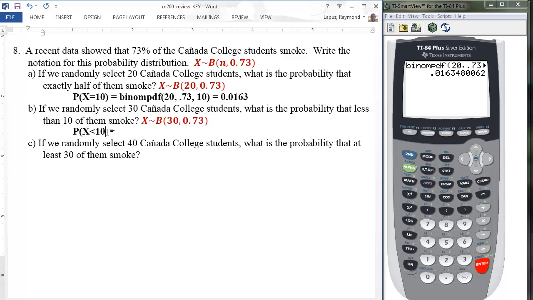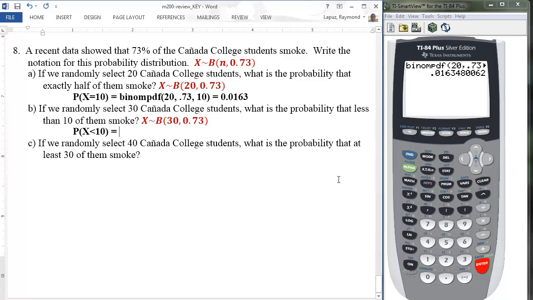So the strictly less than is important here also, to say that it's 10 but it's not including 10. So for this, what we can do is add up a whole bunch of binomial probabilities from 0 through 10, or actually from 0 through 9.